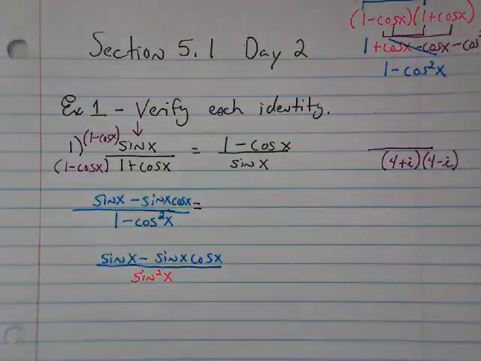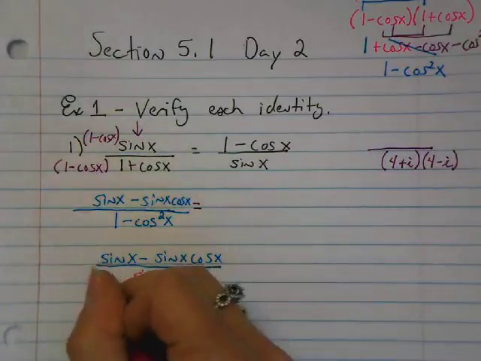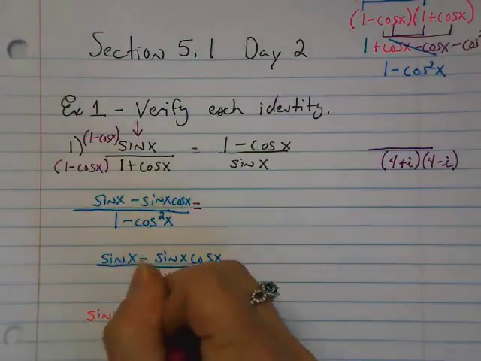Now, here's the big mistake that people like to make. They like to say, I'm just going to cross that and cross that. You can't do that because this is a family up here. So I'm going to go ahead and factor out a sine.